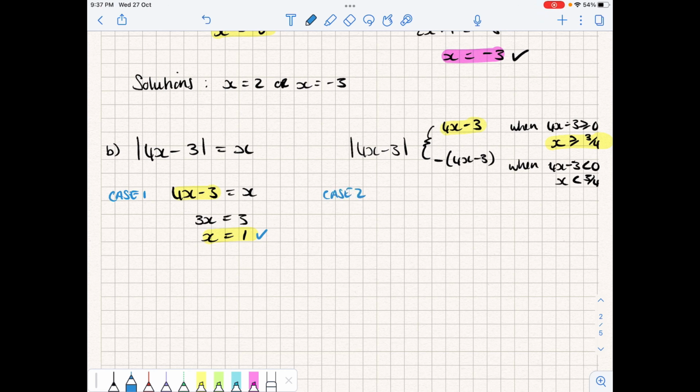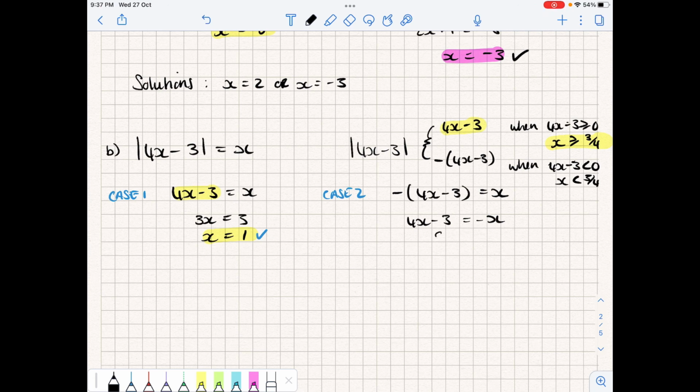Let's take case number 2. This is the negative case. So if it's the negative case, I want to make it positive. To do that, I slap a minus sign in front of it. And I'll divide through by the minus sign. And now I will just solve for x.